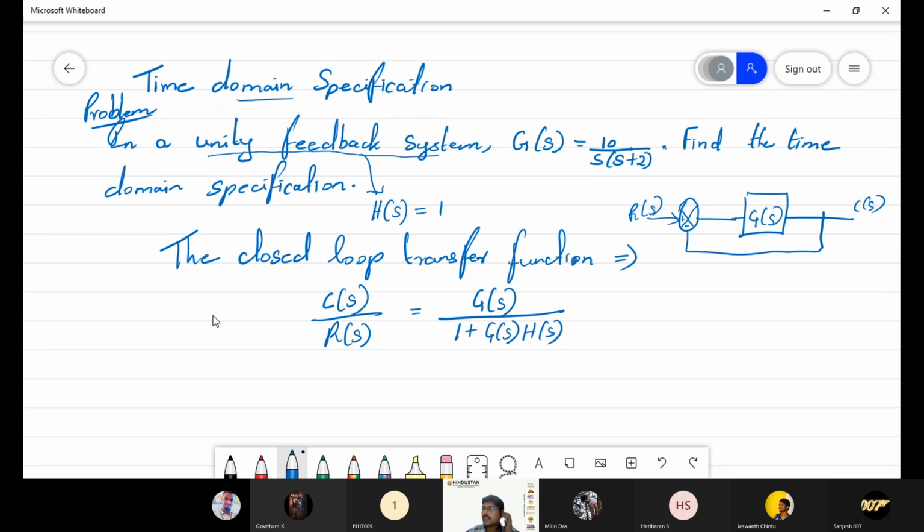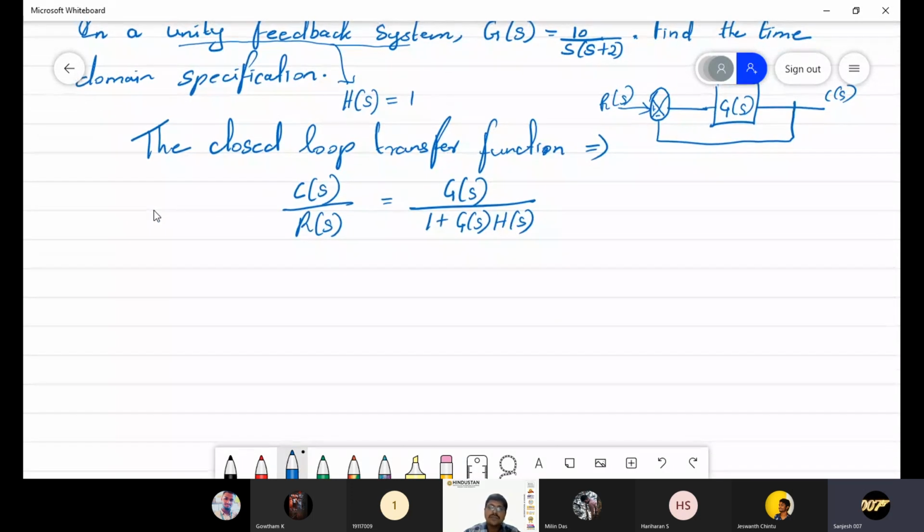I hope you know this from previously; it is not new to you. For a unity feedback, H(s) is 1, so we substitute H(s) equal to 1, and C(s) by R(s) is equal to G(s) divided by 1 plus G(s).